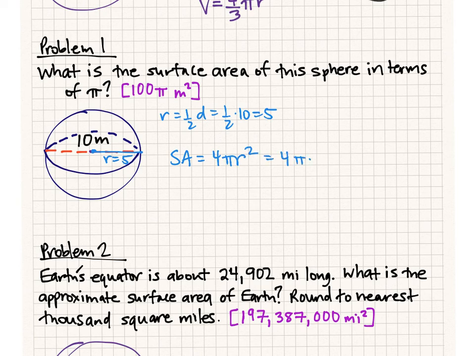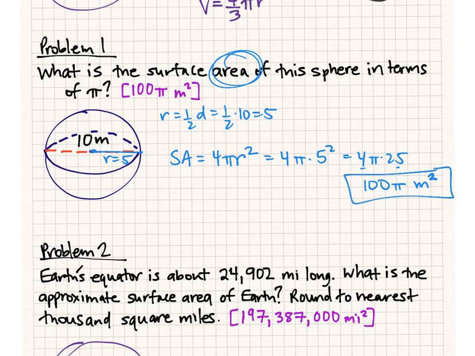So 4 times pi, if radius is 5, this is 4 pi times 25. 25 times 4 is 100 pi, and then my units are meters. And surface area is cubed. So, sorry, not cubed, squared. I said cubed, but I meant 2. Squared. So 100 pi meters squared, which is what the answer is, which I've given you there.